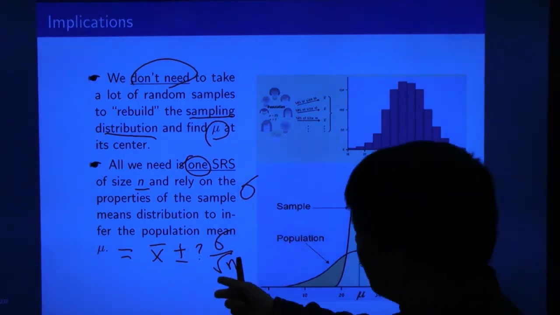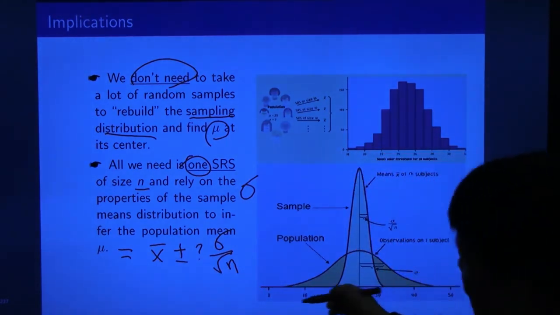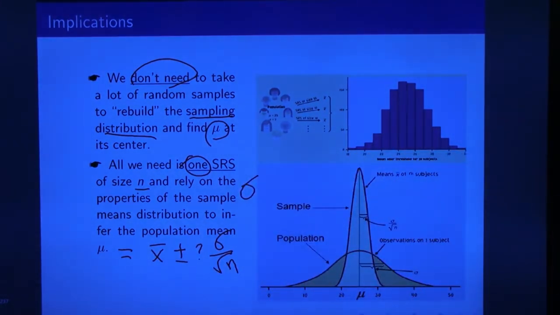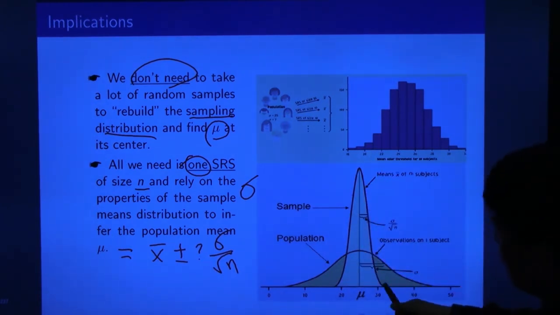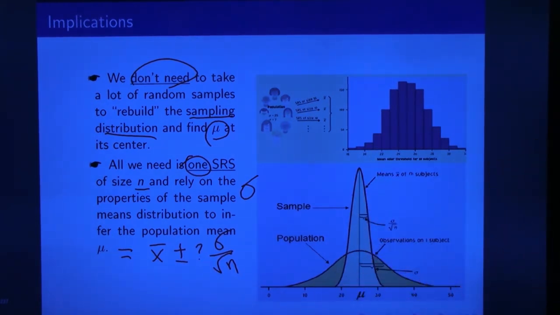If we want 95% confident, then this one will be equal to 2. The foundation for this estimation is that the sampling distribution is narrower than the population normal distribution. So we are going to have a better estimation of the population mean from the sampling distribution.